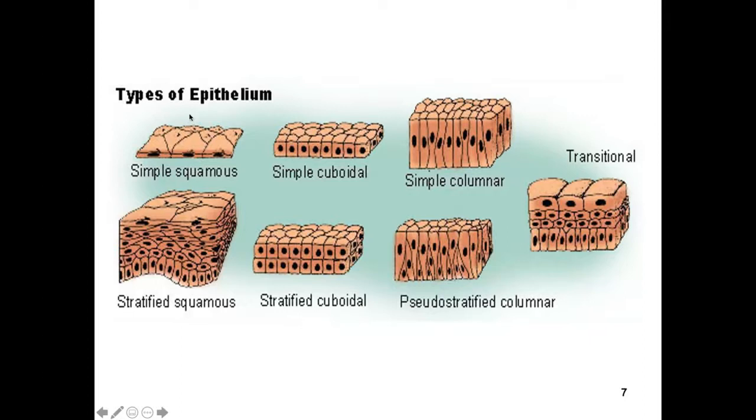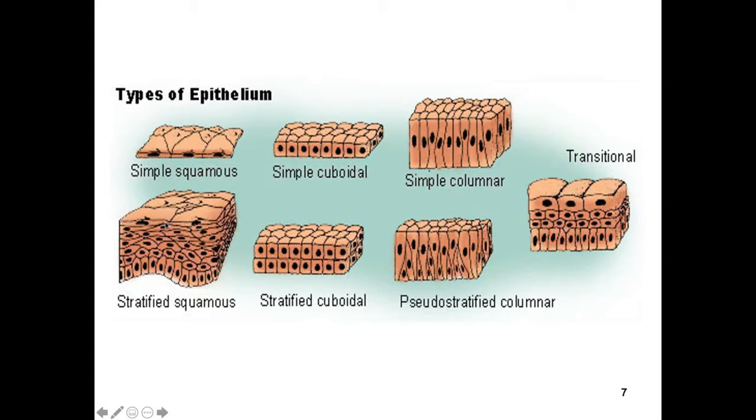So wouldn't you agree that things can passively diffuse through a layer of cells or tissue that is very thin, that's one cell layer thick? So in areas like the lungs where we're breathing and there's this exchange of oxygen and carbon dioxide, we want to make sure that it's only one cell layer thick.